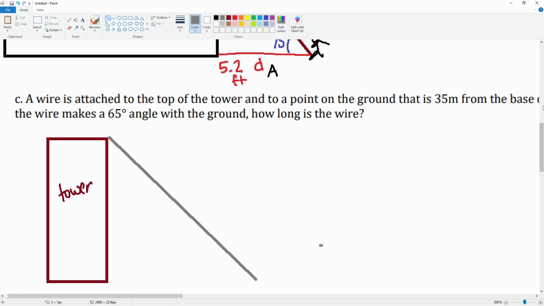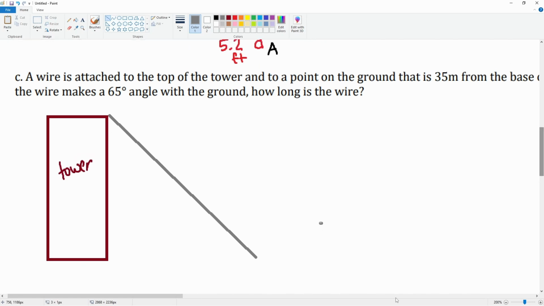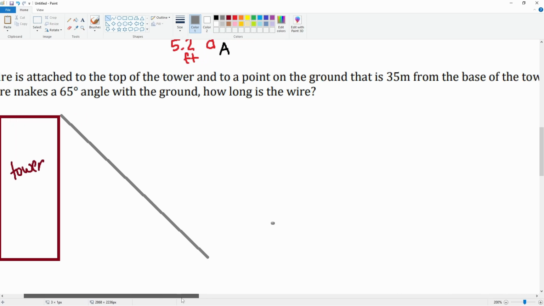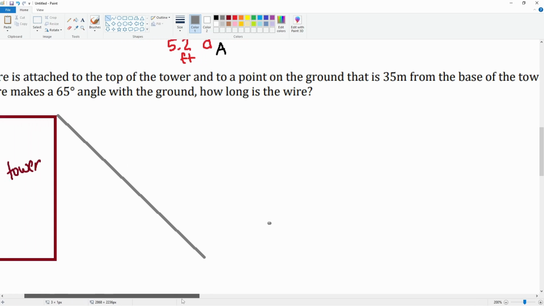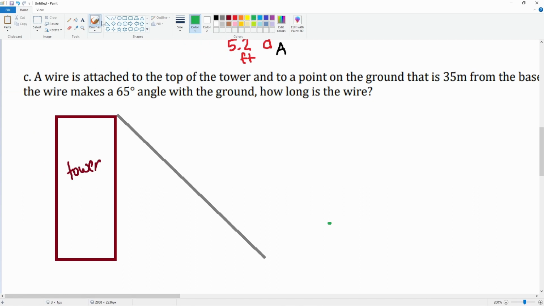It goes to the ground, to a point on the ground that is 35 meters away from the base of the tower. And then this is 65 degrees, and they're asking how long is the wire, so it is this length. So we can use like the letter L here if you want, or hypotenuse, doesn't matter.